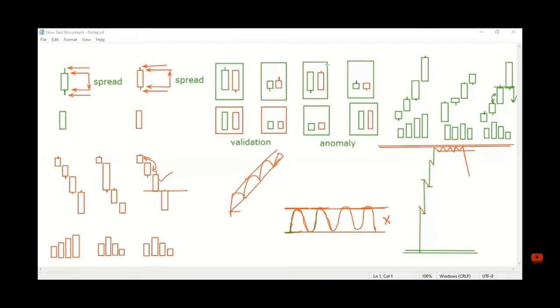After that, we see this type of pullback. In this pullback, when the market starts from here and goes up, it may create sometimes one candlestick, sometimes two candlesticks, or sometimes three candlesticks. After that, the market again falls down like this.